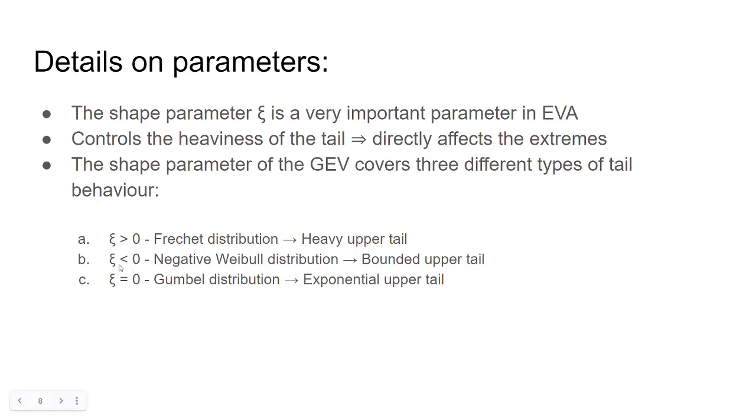If epsilon is negative, less than 0, it has a bounded upper tail and corresponds mainly to the negative Weibull distribution. And when epsilon is equal to 0, it has an exponential upper tail and corresponds to the Gumbel distribution. We'll go through it again through a diagram so that we can have a better understanding in a while.